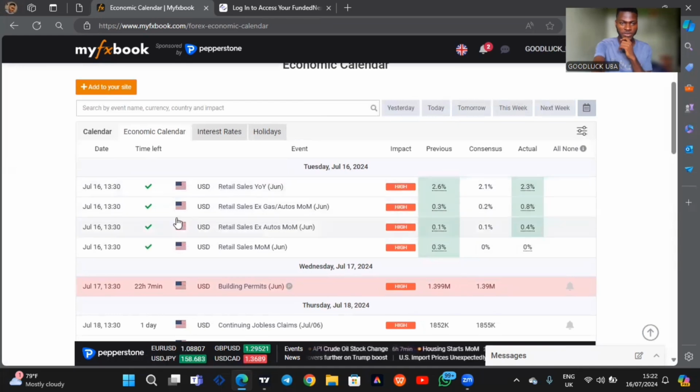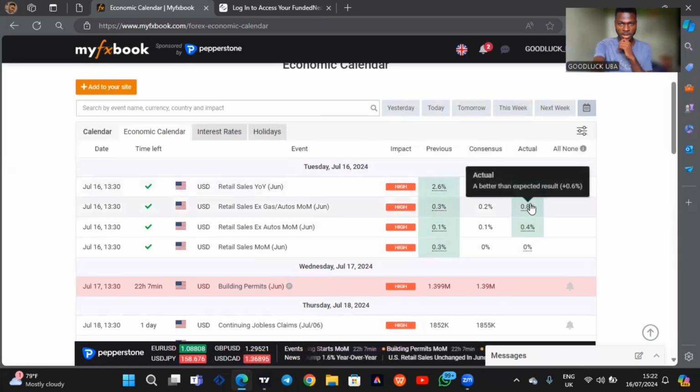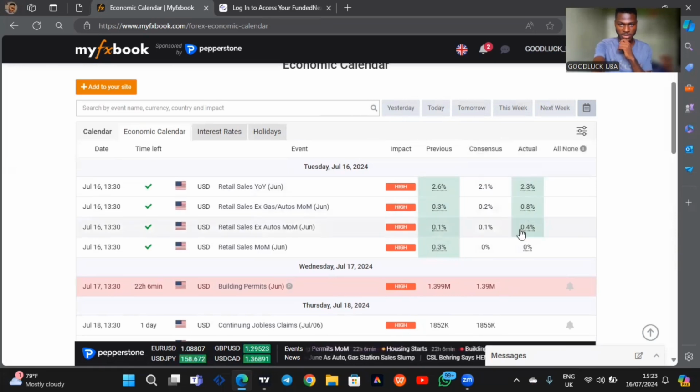About 4 different high impact news came up around 1:30. And as you can see from here, this one came out positive, this one came out positive, this one came out positive. Then this one does not have any effect.